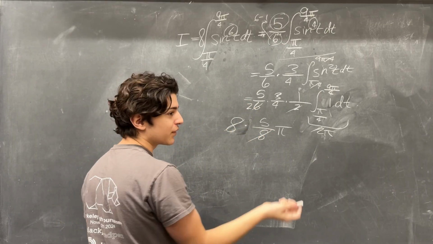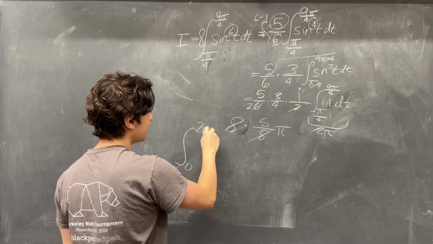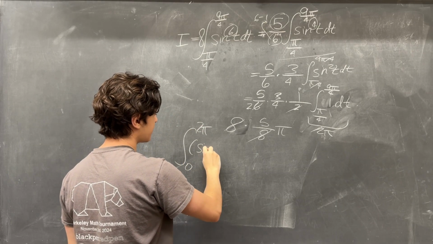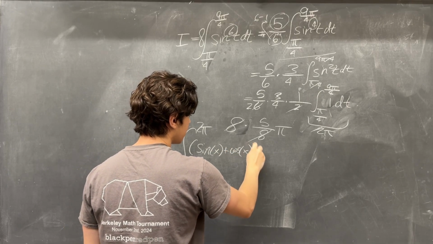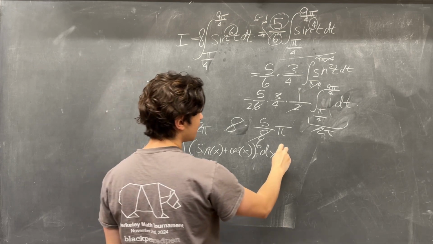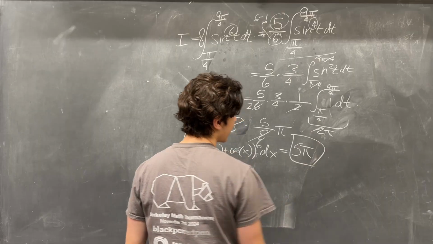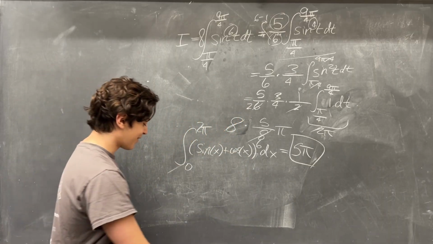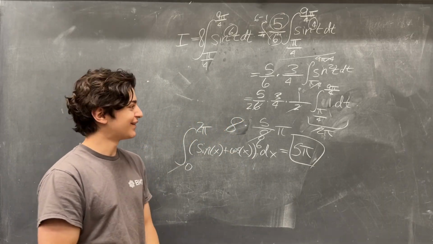And so therefore, the entire integral, remember it was the integral from 0 to 2 pi of sine of x plus cosine of x to the 6th power, evaluates to exactly 5 pi. And that's the answer. So, hope you enjoyed, hope you learned something new, and yeah, cool.